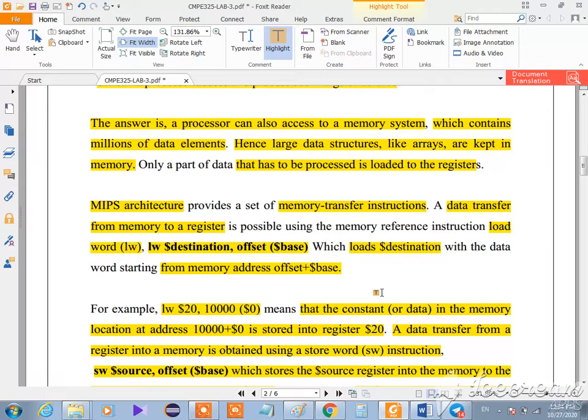So for this transition, bringing from the memory and saving it to the memory, we use two transfer functions, LW and SW. Okay, at first let me talk about the LW, load word, LW.